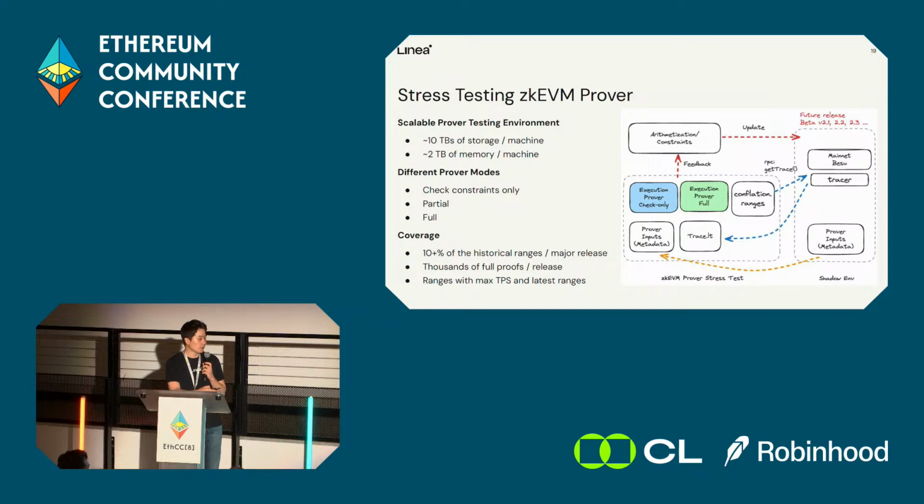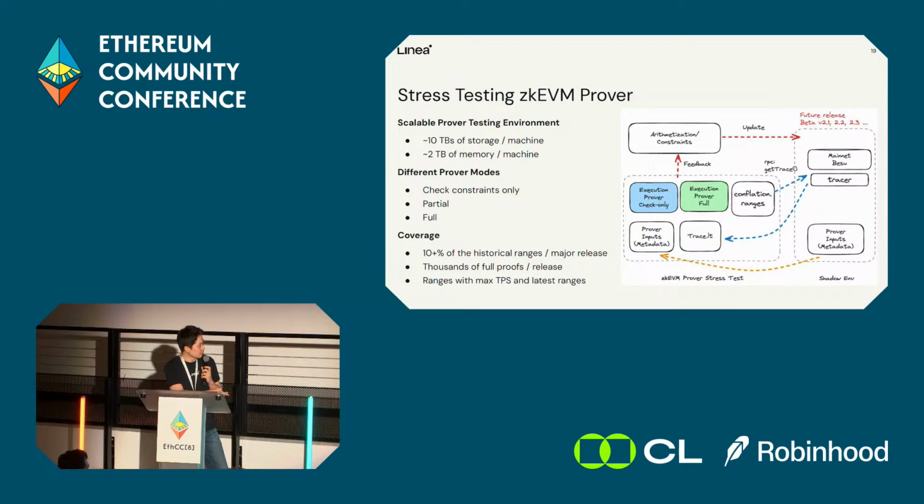And depending on our release schedule or the importance of the release, we scale this out, and we are spending a lot of money only for testing the prover and constraints before we move to deployment.